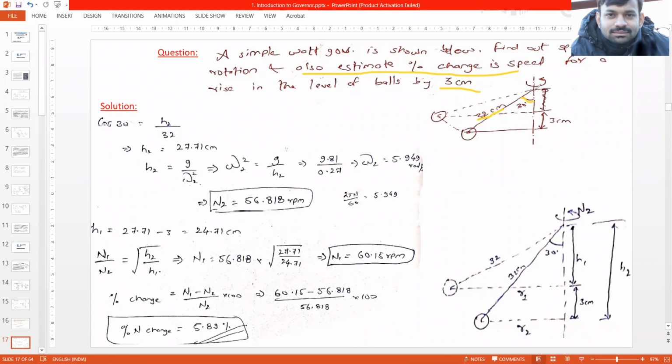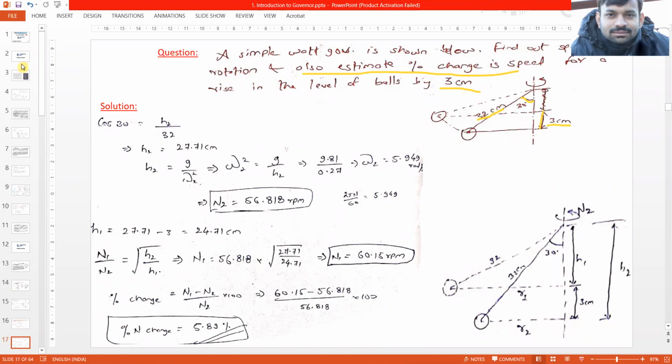And when the speed increases, there is a lift in the sleeve, so the height is reduced. Height is reduced, so speed has increased. So this lift of 3 centimeter is given to us in the question.